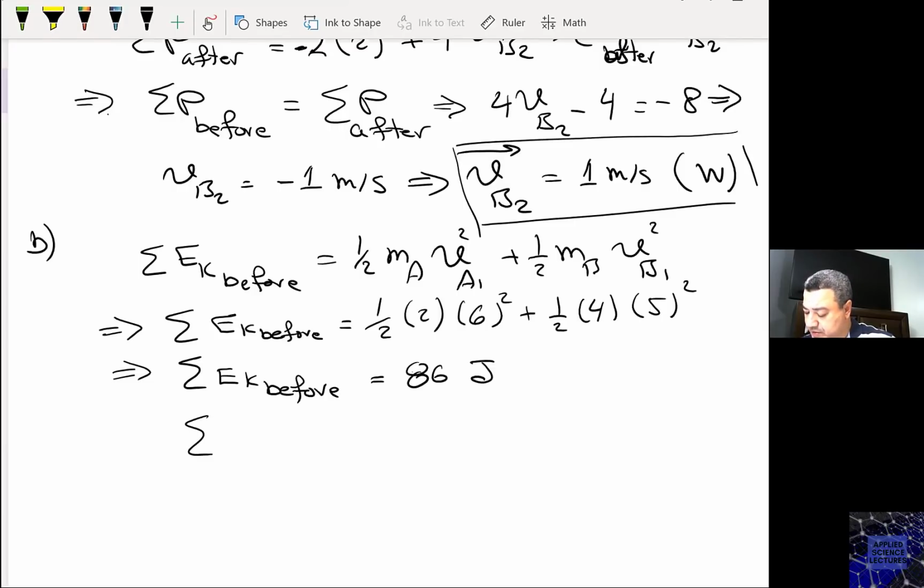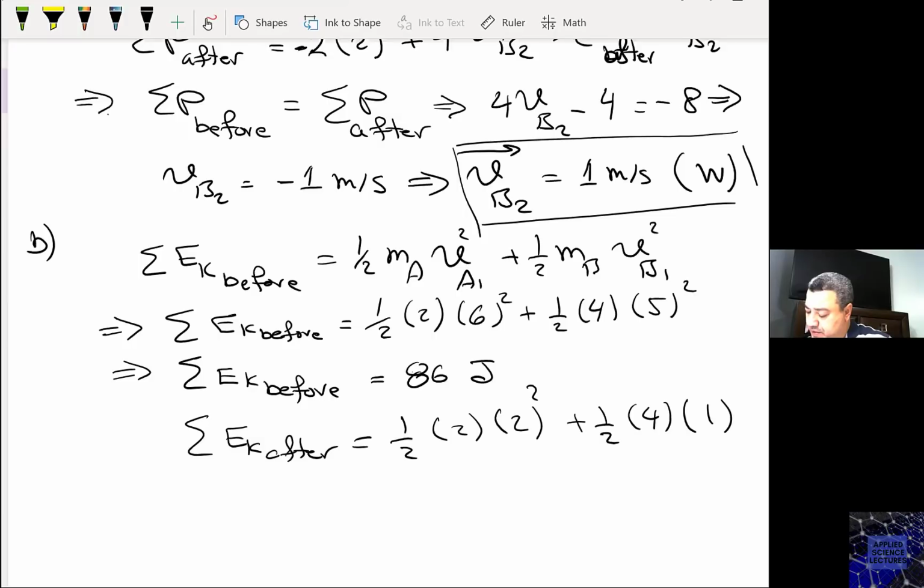Let's evaluate Ek after, which equals half 2 times VA2 squared, which is 2, plus half MB VB2 squared, which is 1. Sigma Ek after equals 6 joules.